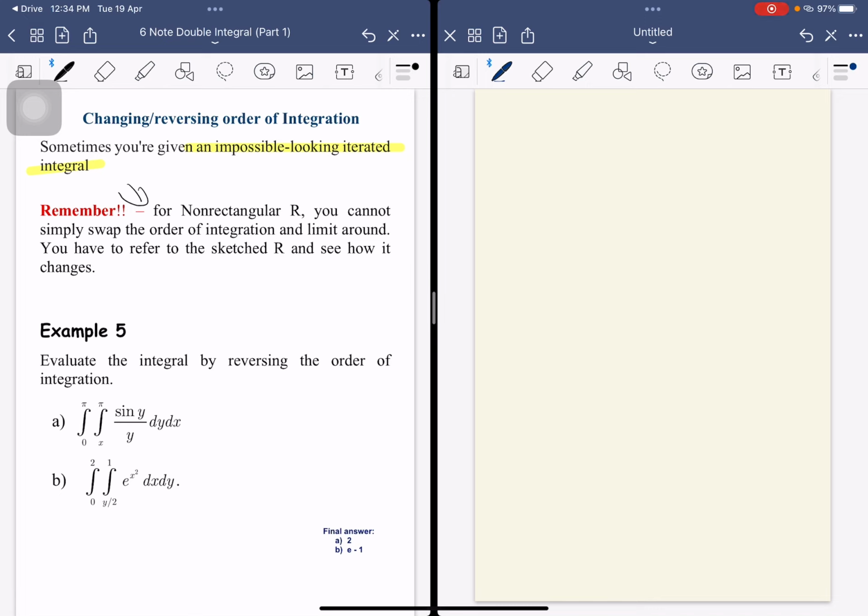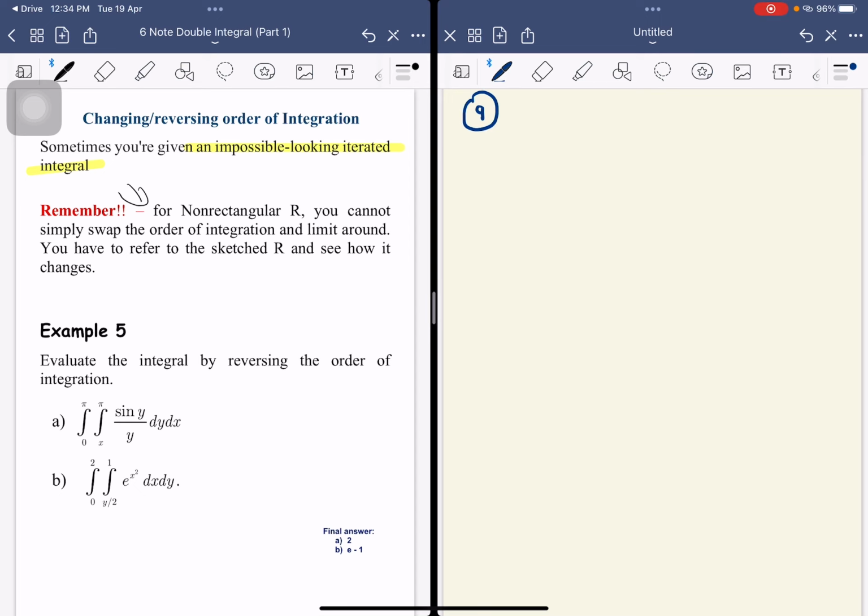In order to reverse the order of integration, you must sketch first. Sketch first, identify the region, the sketched or shaded region, and from there you apply the new order of integration. Okay, let me show you for the first one, for A.